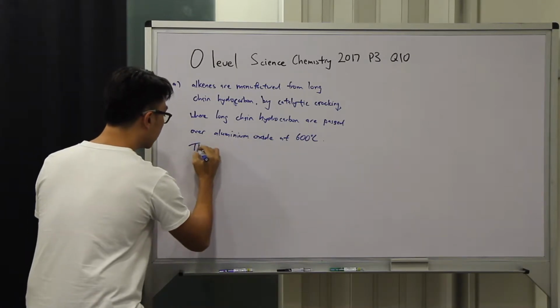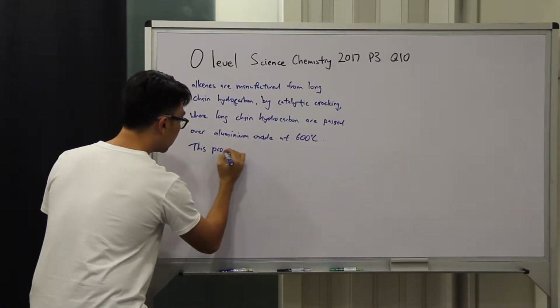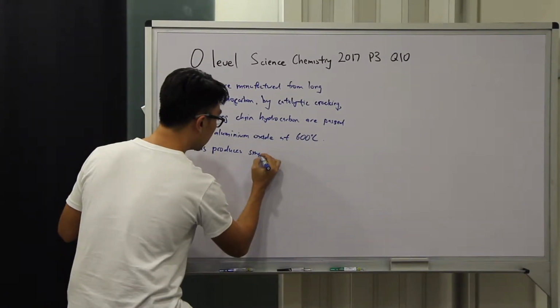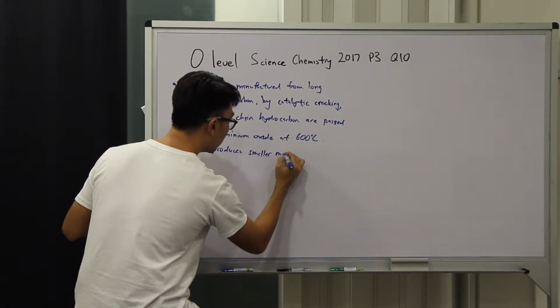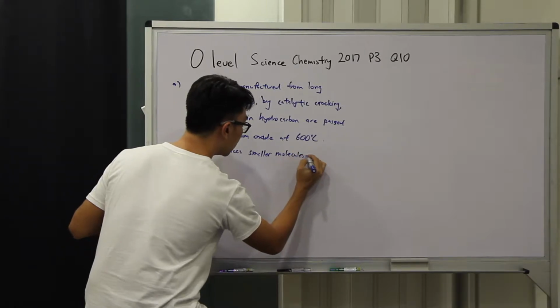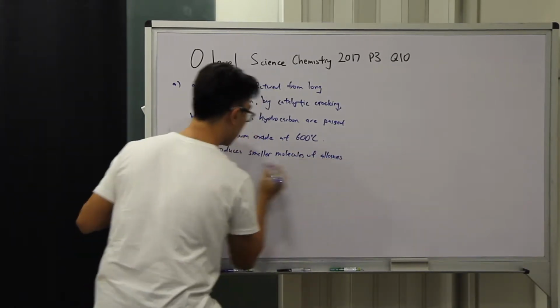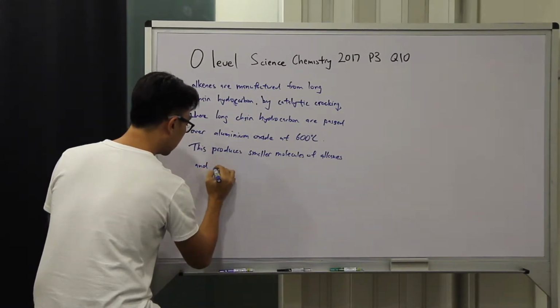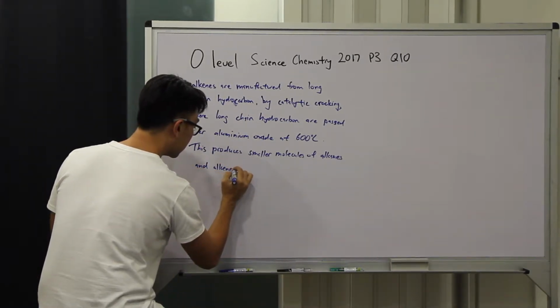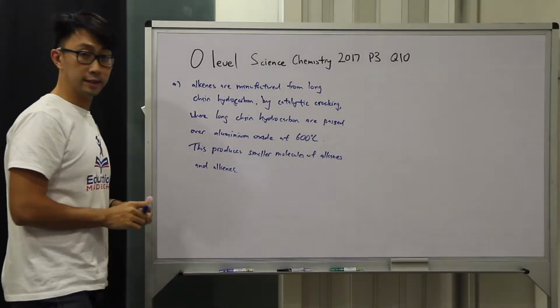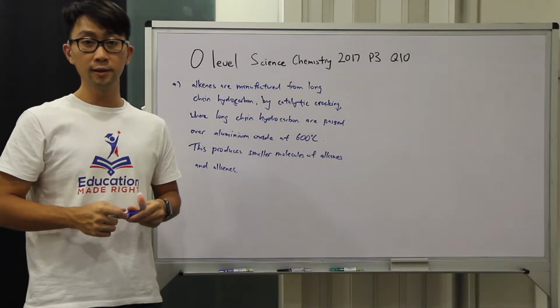Alright, this produces smaller molecules of alkanes and alkenes. Alright, so this is the phrasing for our part A question.